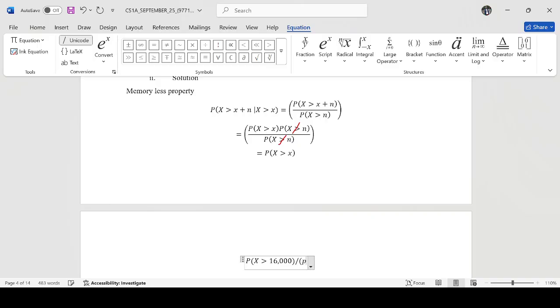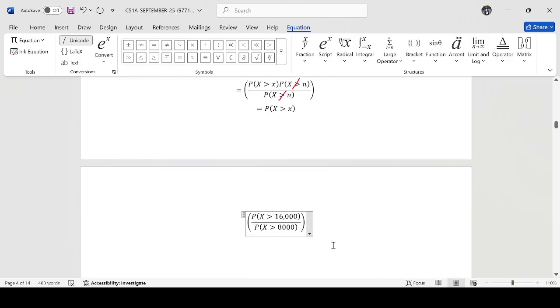So this is P into bracket X is greater than 8,000. We close here and put another bracket so that we have a very beautiful equation like that. So that's what we need to calculate at the end of the day.